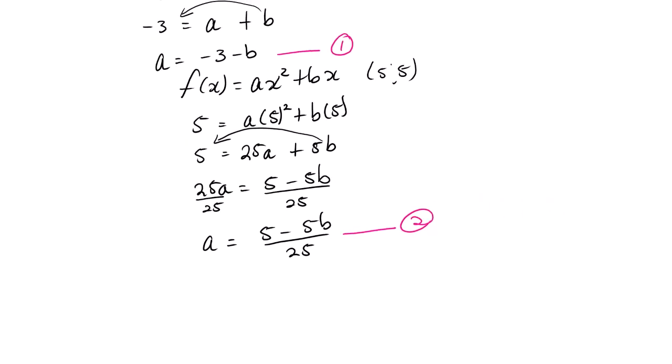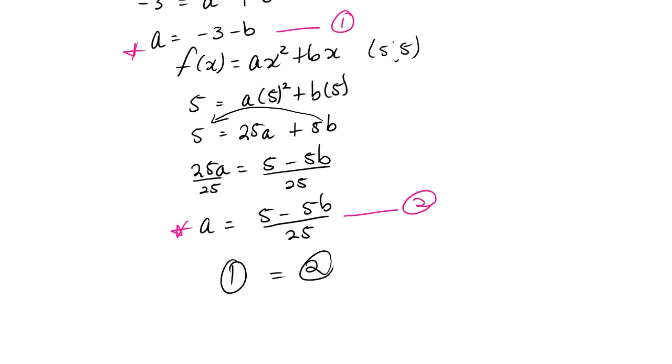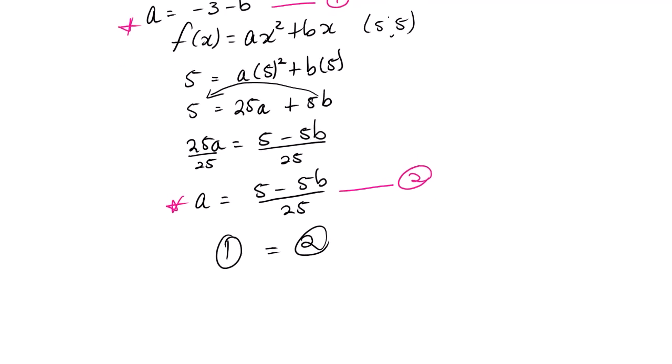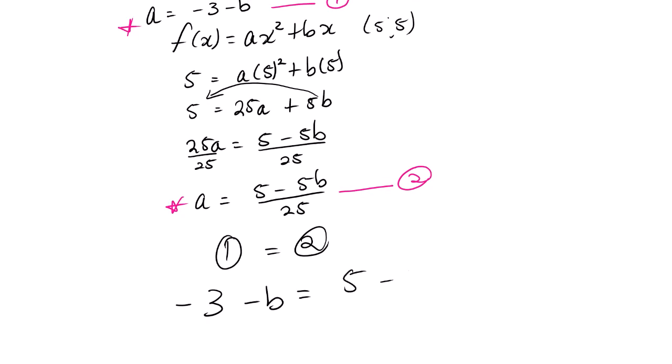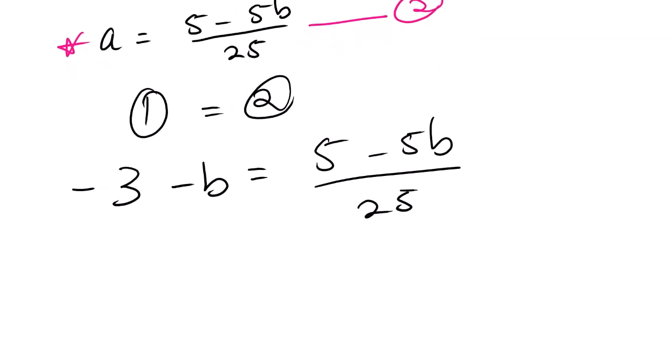Now since we look at these two equations, you can see that in both of them the subject of the formula is a. So we can simply say equation 1 is equal to equation 2. Then we equate the two equations. So we have -3 minus b is equal to 5 minus 5b over 25. Then we solve for b.